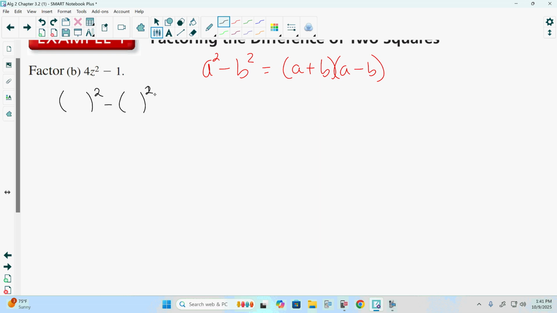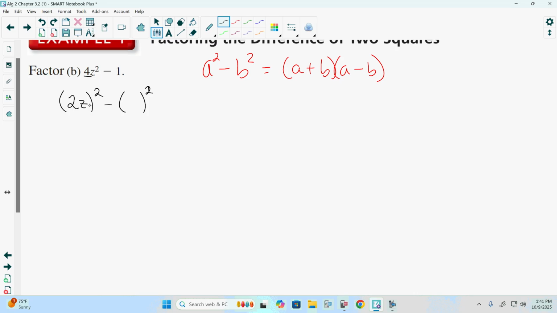So we need to see what times itself is 4z squared, or we can break it into parts. What times itself is 4, which is 2. And z squared would be z, because 2z times 2z, or 2 times 2 is 4, z times z is z squared.